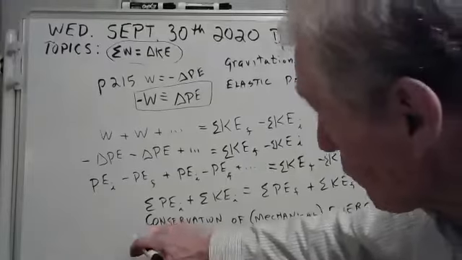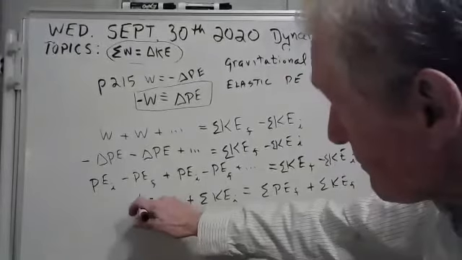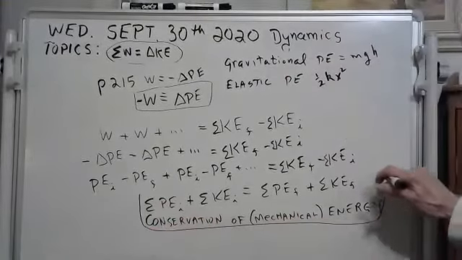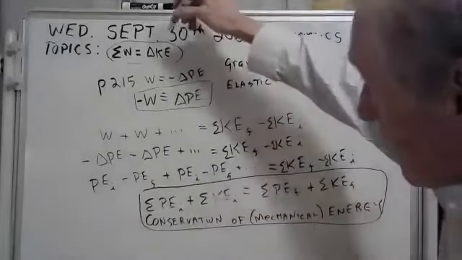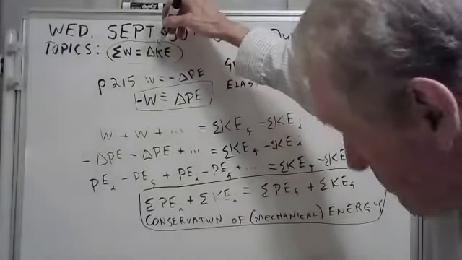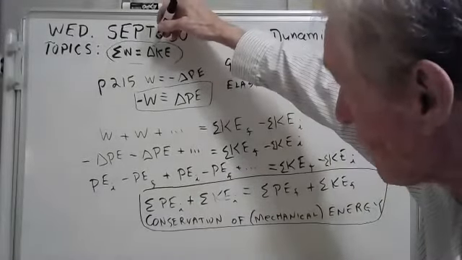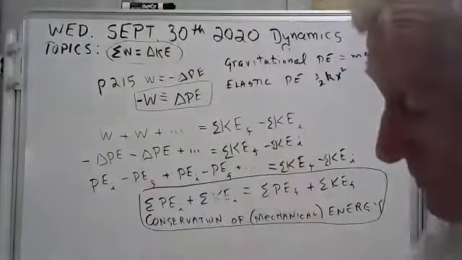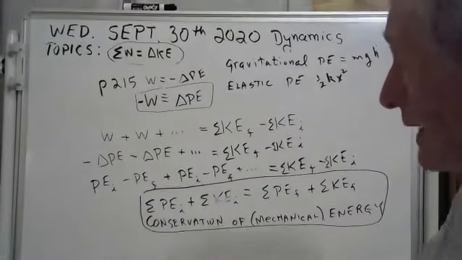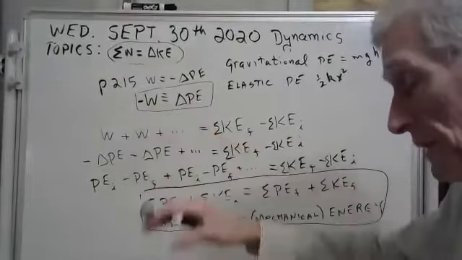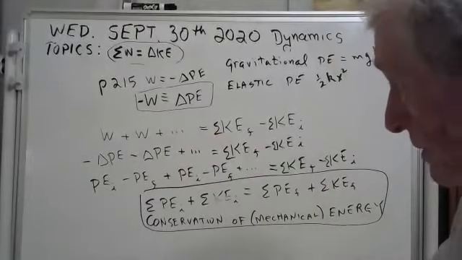But if you wondered where this conservation of energy equation came from, it came from here, the work energy theorem, and from the definition of what the change in potential energy is.